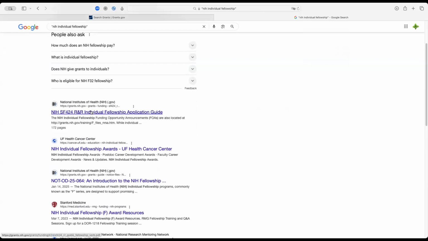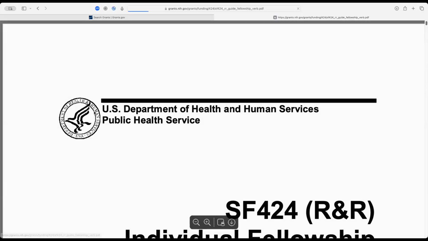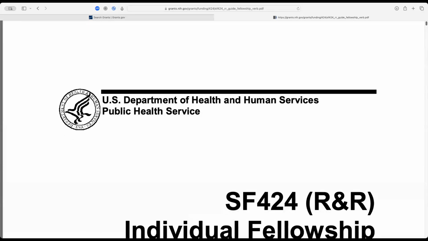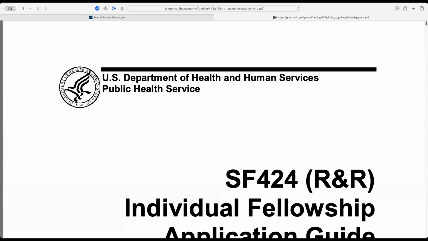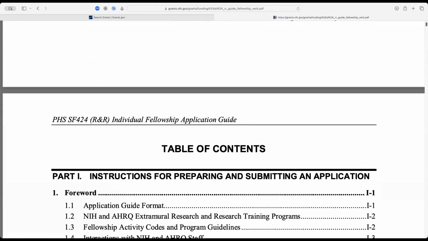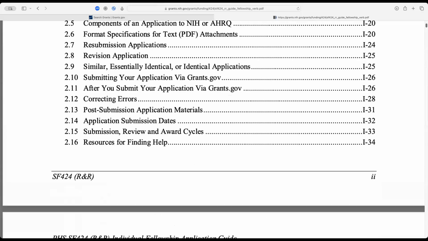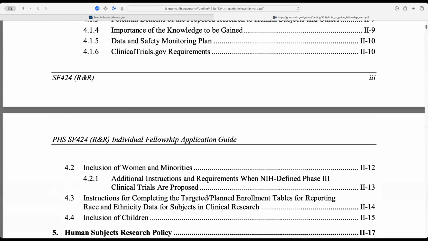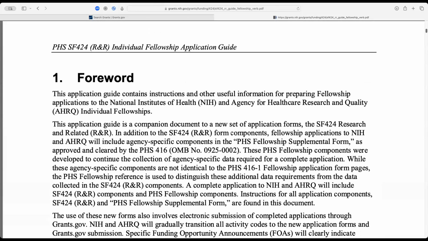So this is the publication that the NIH gives for the SF424 fellowships. Now, this is the big umbrella bucket that most of the time when people coming to me are asking about NIH individual fellowships, this is the thing that they mean. Now, there's sub awards within it, but let's find the basic description and then go from there.